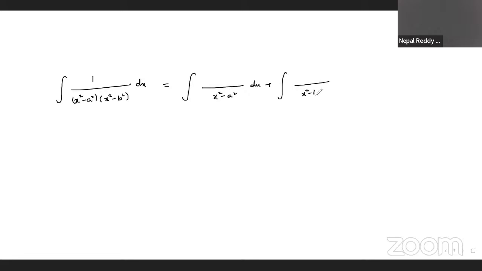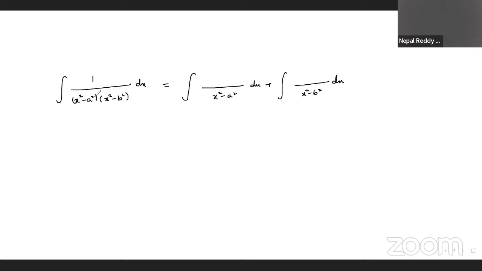Next, suppose the question is integral 1 divided by x square minus a square into x square minus b square into dx. Suppose if you have, then you can easily separate into two parts like this: x square minus a square first, and then x square minus b square next, dx.